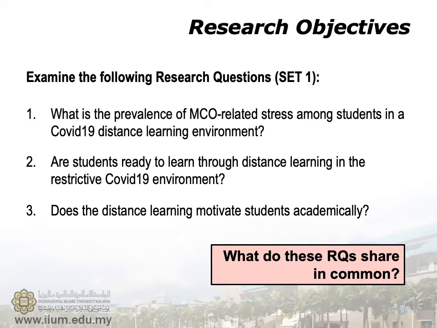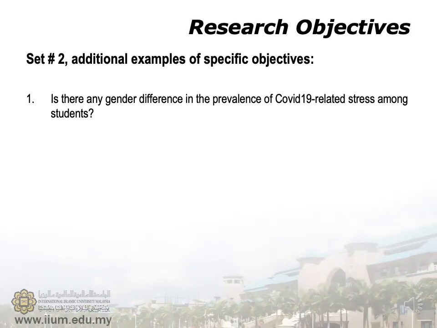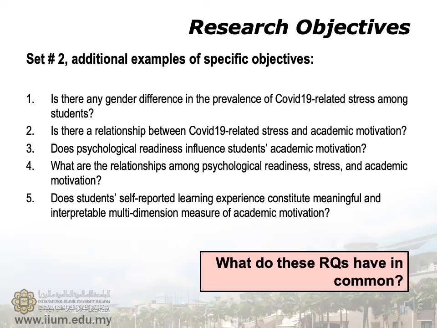Now, what do these research questions share in common? This commonality signals the quantitative element of the study. Let's say that we have another set of research questions: 1. Is there any gender difference in the prevalence of COVID-19 related stress among students? 2. Is there a relationship between COVID-19 related stress and academic motivation? 3.